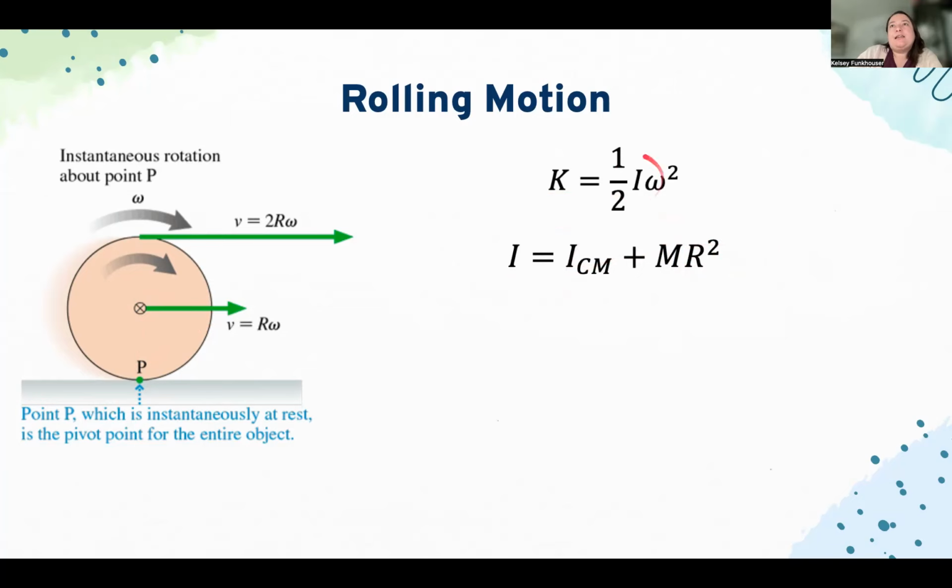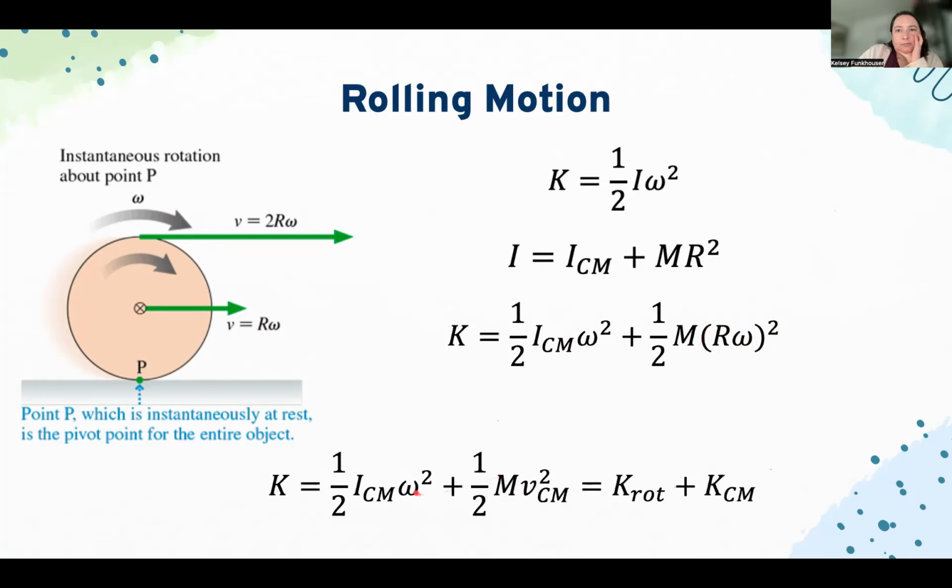We can plug that into the kinetic energy equation, and we end up with 1/2 the rotational inertia of the center of mass times the angular velocity squared plus 1/2 times the total mass times the radius times the angular velocity squared. And this is also just the linear velocity. So here it is, written in more familiar form.